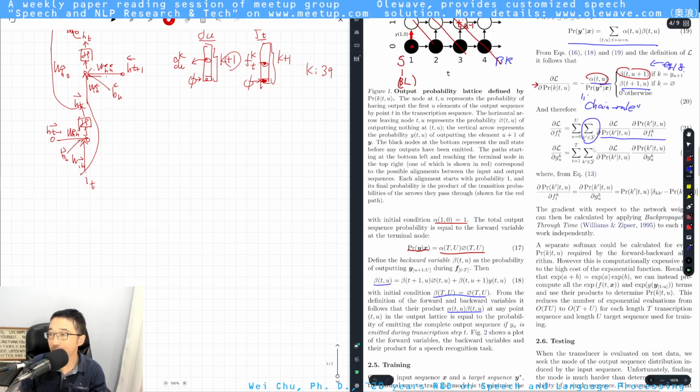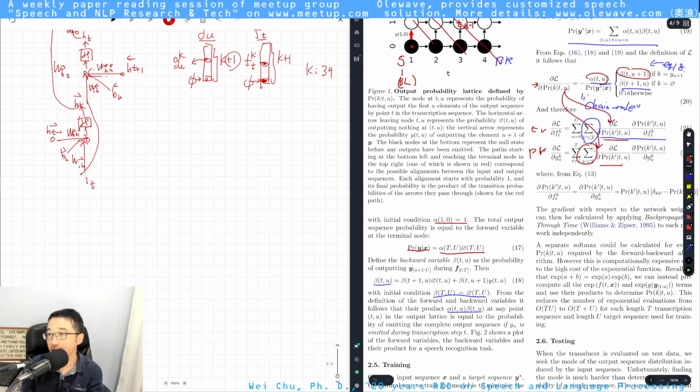Same thing for the transcription vector and the prediction vector. You can see, same thing. This is the transcription vector. This is the prediction vector. And these are derived from here, right?